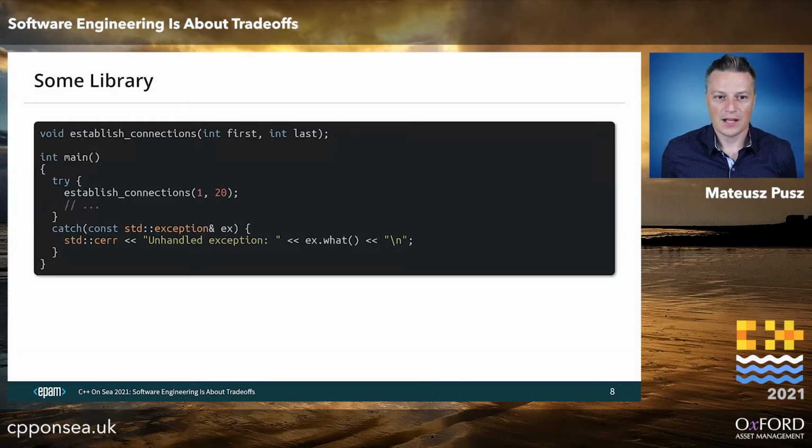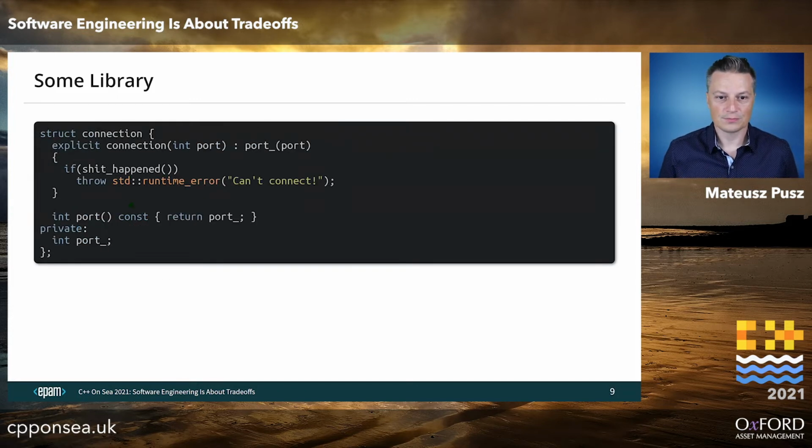For the very beginning, let's assume that you have some library that is about networking. We want to establish connections. We have a list of connections, maybe ports or addresses, from first to last. And we want to establish these 20 connections at the beginning of the application. If something fails, we have exception handling here.